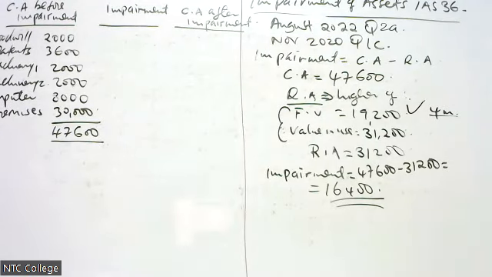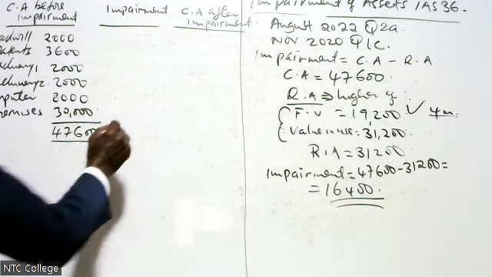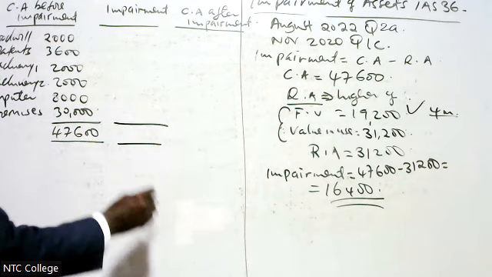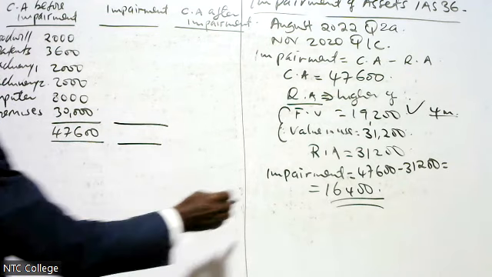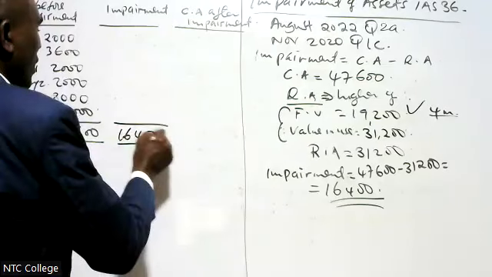You can see 47,600. Machinery I have separated because of note number 2. Half of the machinery is impaired. Just follow the instruction there, you will understand very well. Now, my total impairment is 16,400.